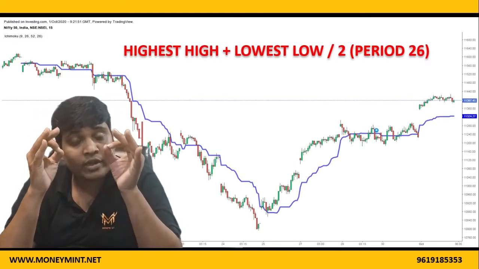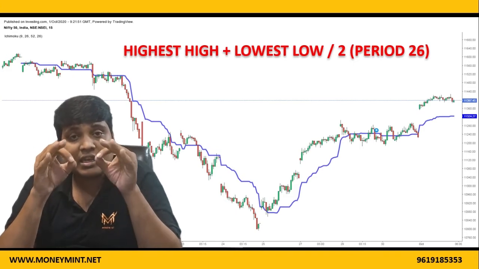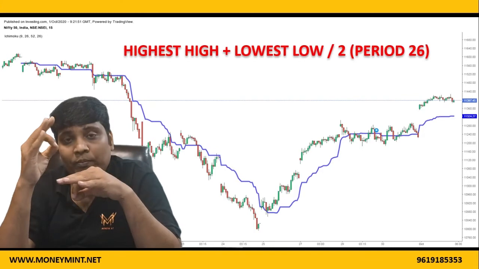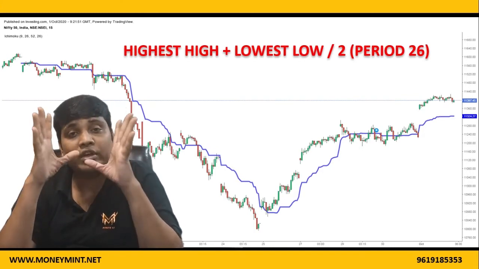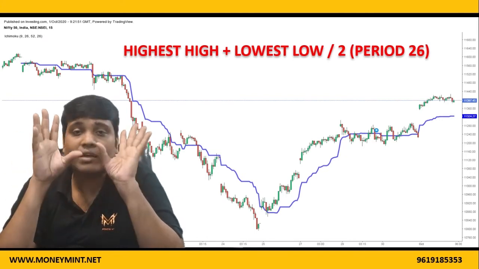This is very, very important, and you should practically see this line to find the market trend: sideways, up movement, down movement, and it gives very good results. So this is how the software calculates the blue line.